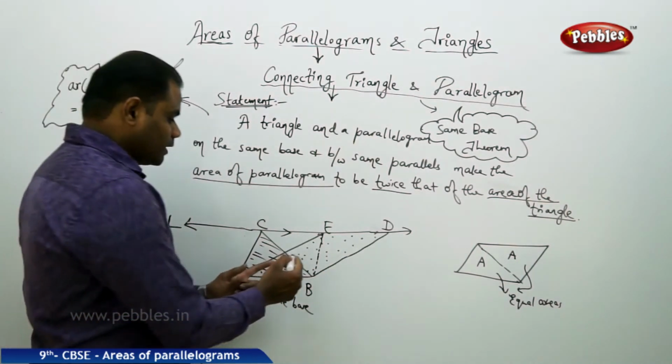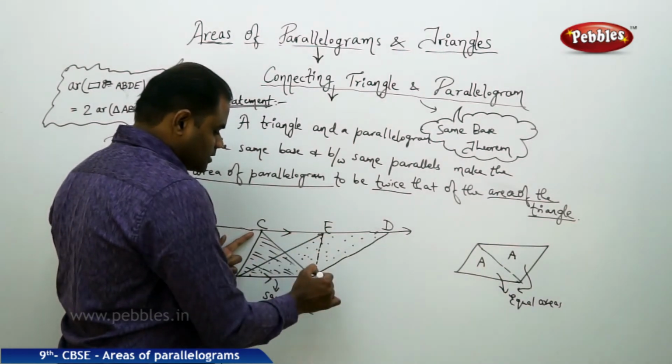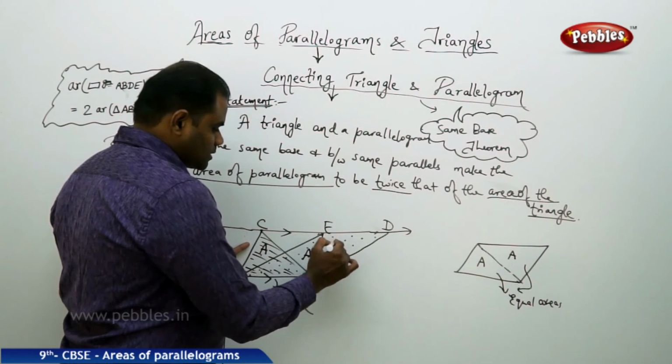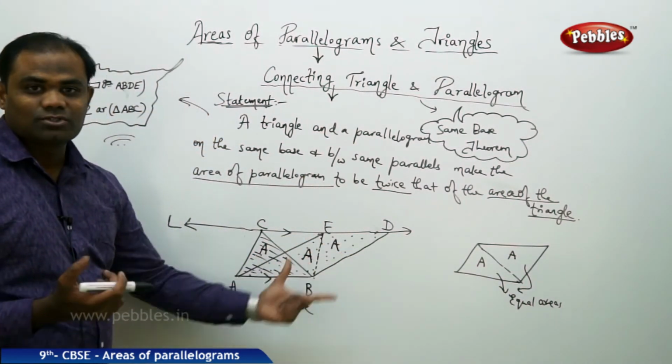Therefore, the area of the parallelogram would be twice of the added areas. Exactly, two triangles on the same base are equal. So A plus A is 2A.